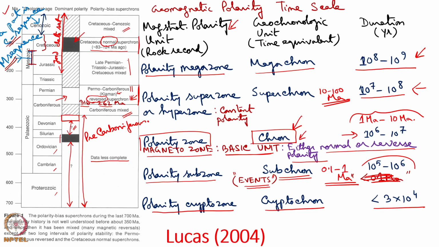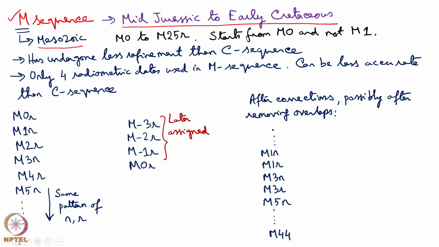Here is the M sequence and here is the C sequence, but the C sequence also does not cover the entire Cenozoic. So, let us write this part of the stratigraphic table in detail, and let us try to understand which part of the rock is excluded in the M sequence and in the C sequence.